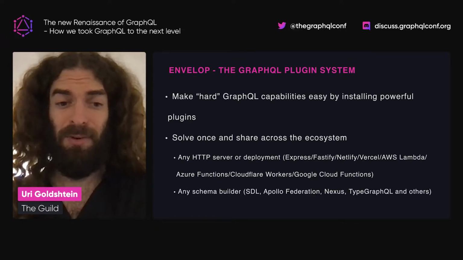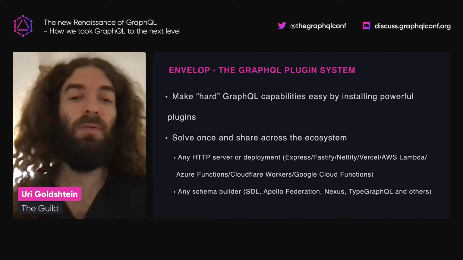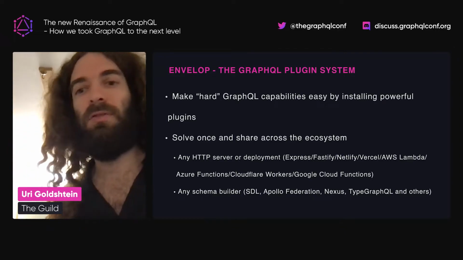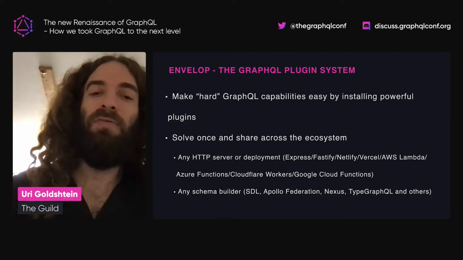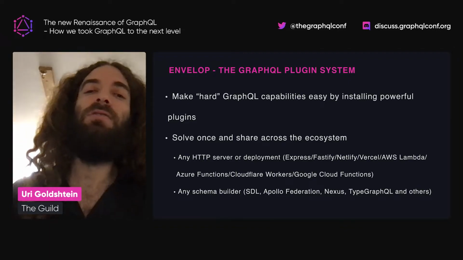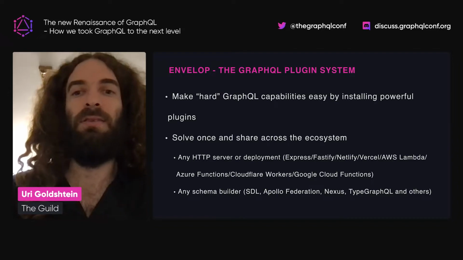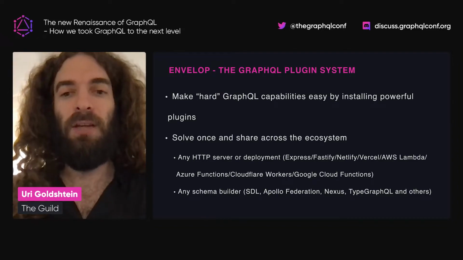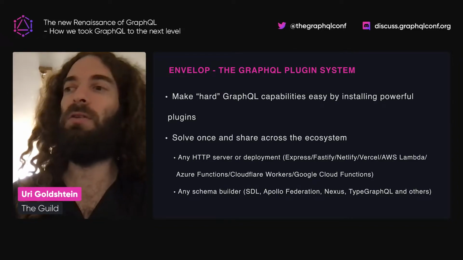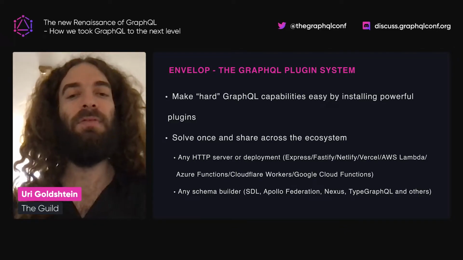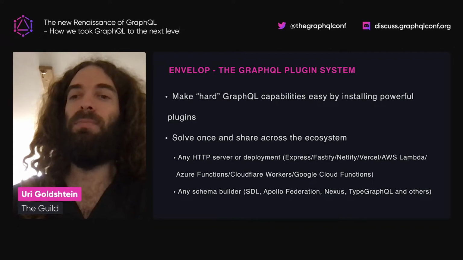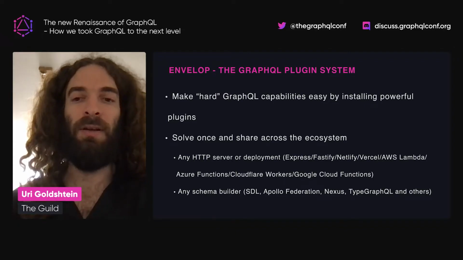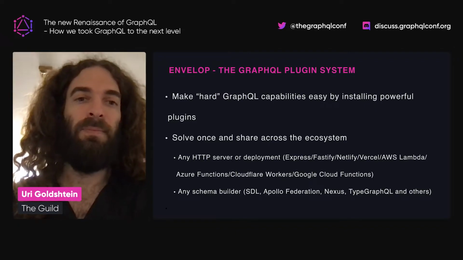And also, again, with any schema builder. So if you want to use Nexus, that's great. If you want to use Type GraphQL or Graphical or Apollo Federation, everything is great. You can reuse all of that and use those plugins easily. And share it also with other teams in your company that have different choices from you. You can still share the main chunk of the work and the standards.